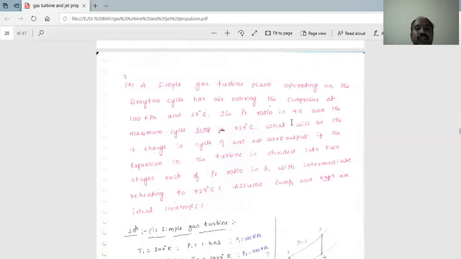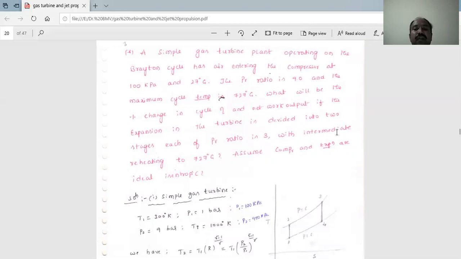The pressure ratio is 9 and the maximum cycle temperature is 727 degrees centigrade. What will be the percentage change in cycle efficiency and the net work output if the expansion in the turbine is divided into two stages, each of pressure ratio 3, with intermediate reheating to 727 degrees centigrade? Assume compression and expansion are ideal isentropic.